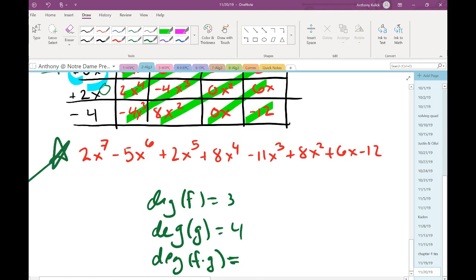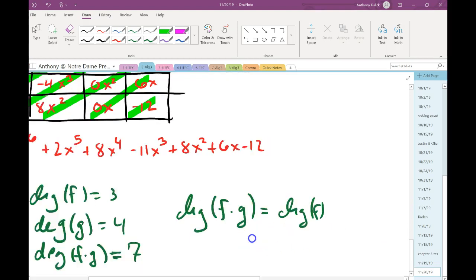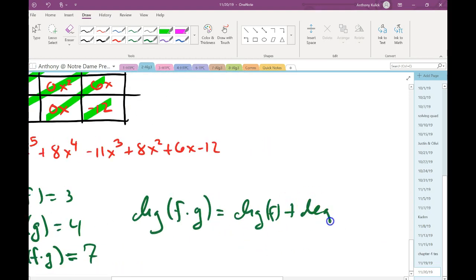That's this guy that we wrote a second ago. That's a degree 7. Do you see a relationship between 3, 4, and 7? The degree of f times g is equal to the degree of f plus the degree of g.